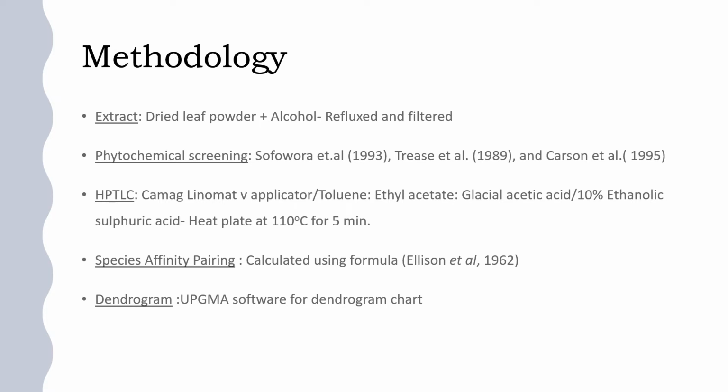The data obtained from HPTLC analysis was further used for calculating the affinity between the species. The chemical phylogeny that we obtained was calculated using an affinity formula, and based on the calculated values, a dendrogram chart was prepared using UPGMA, an online software.